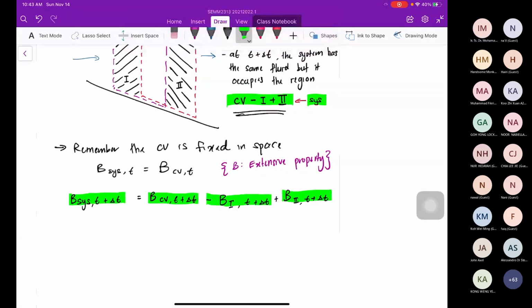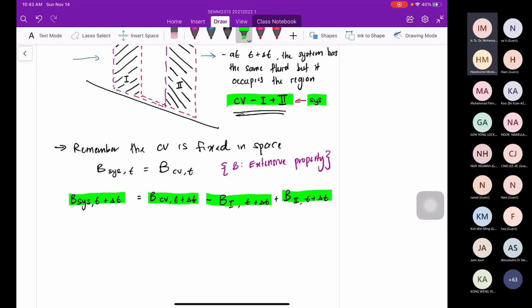Doctor, is the B1 also at t plus delta t or at t? At t plus delta t. Oh, okay. Will B1 not equal B2 at t plus delta t? Which one? The extensive property of system region 1 equal to that of region 2, because it's just the change of time?